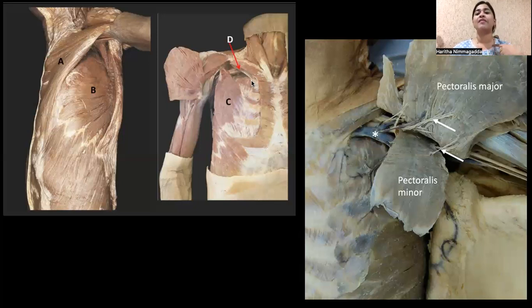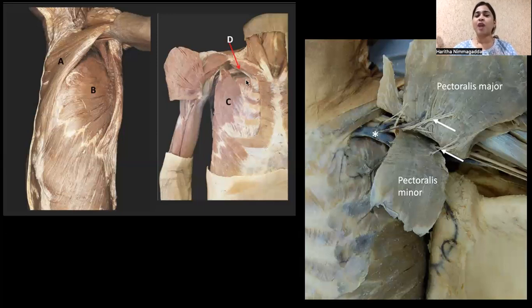Beneath the clavicle bone, you will see the smallest muscle, which is called subclavius. So what are the three muscles of the pectoral region? Pectoralis major, which has been reflected from the cut portion towards the lateral side, then the pectoralis minor, and the subclavius muscle.